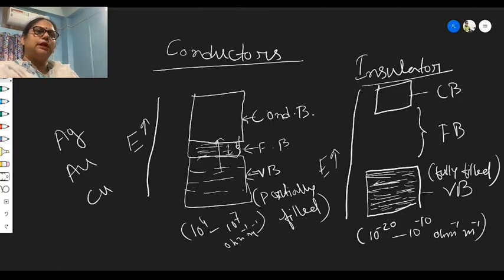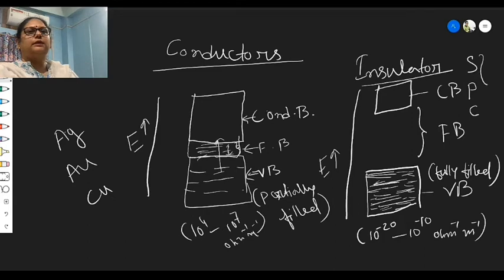Now if we consider examples of conductors, like silver, gold, and copper, these metals are good conductors of electricity. The conductivity values for these metals are very high.